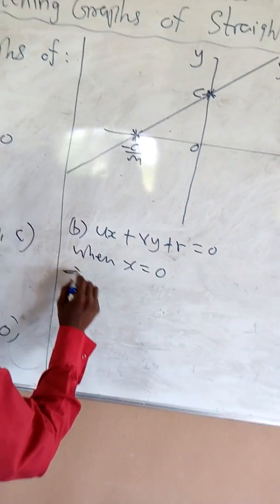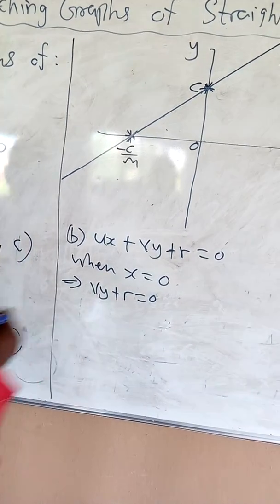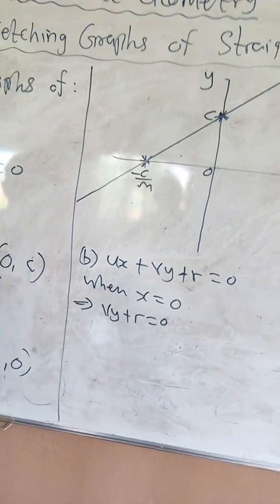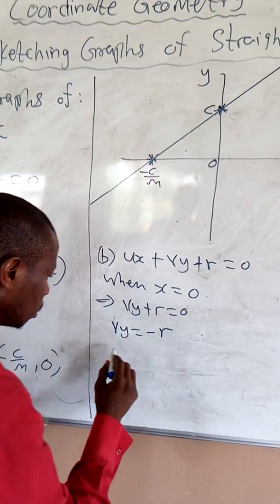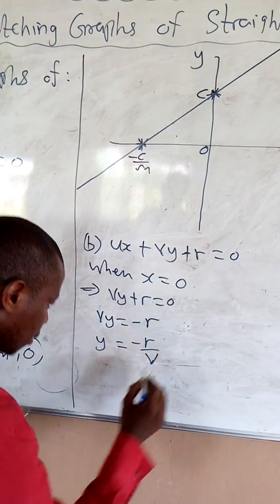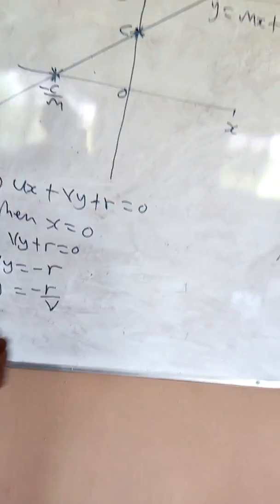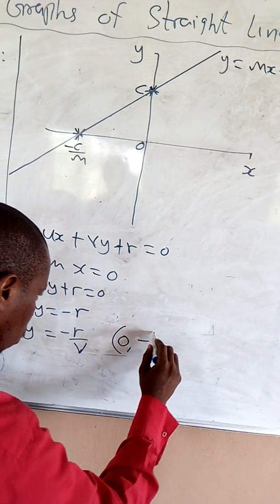We are left with vy plus r equals 0. I want to find the corresponding value of y now, and that makes vy equals minus r. Then y becomes minus r over v, and hence the coordinate is now x equals 0, y equals minus r over v.